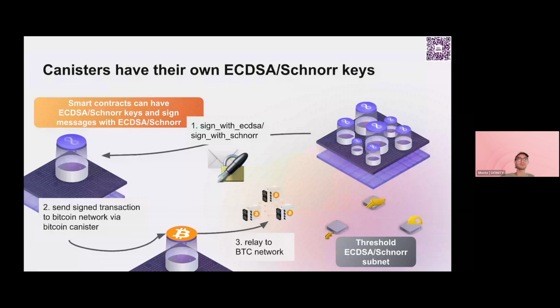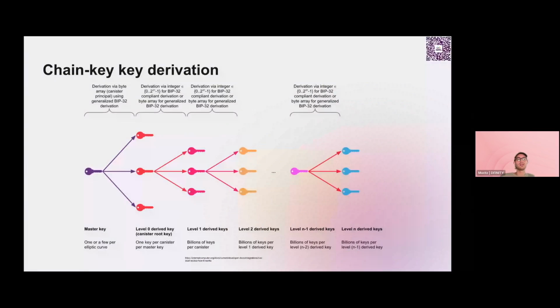And now I mentioned earlier that a canister has access to basically an unlimited amount of key pairs, right? So let's take a look at derivation for ECDSA and Schnorr. On the left-hand side, we start off with a master key. And this is basically the ECDSA key of the ECDSA-enabled subnet, generated with the distributed key generation protocol, tongue twister.